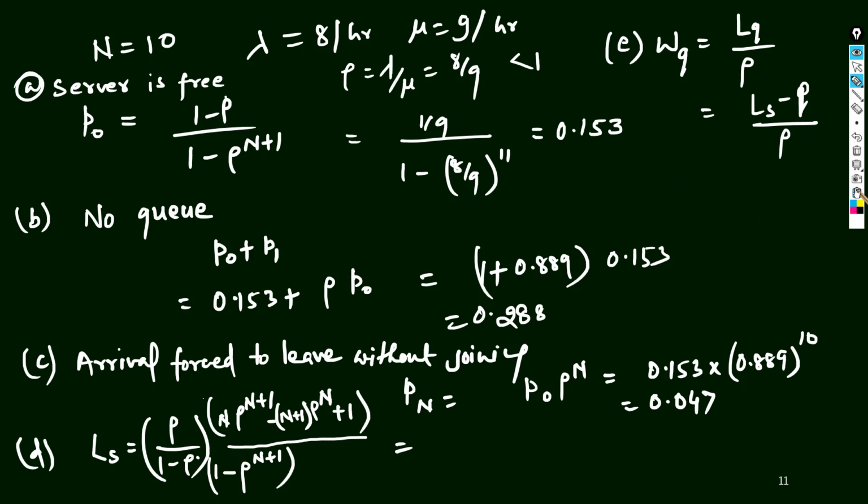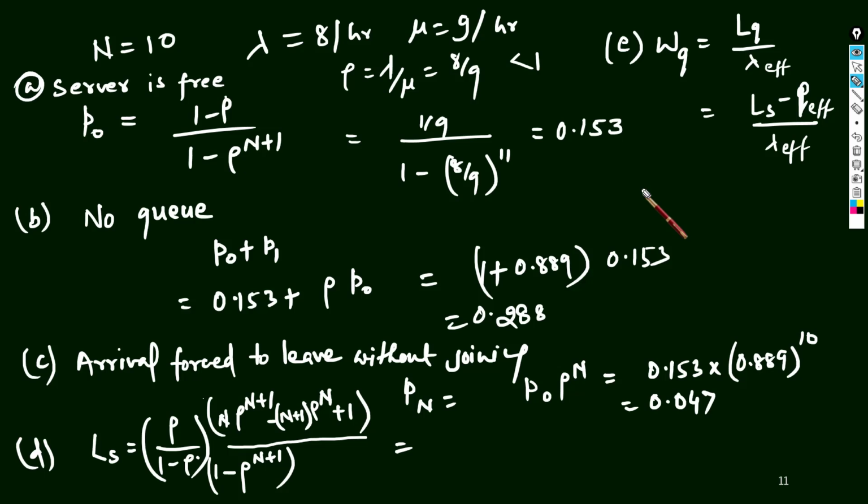Oh, sorry, there is some mistake here. Here it will be lambda effective. You have to calculate lambda effective. So what is the lambda effective here? And one more thing, we need to go for rho effective here.